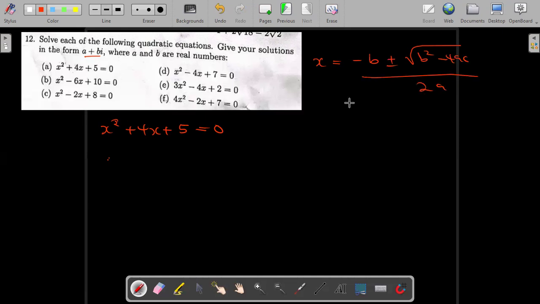So you can use this, or you can find your factors, your product and all, or if not that, you can complete the square.